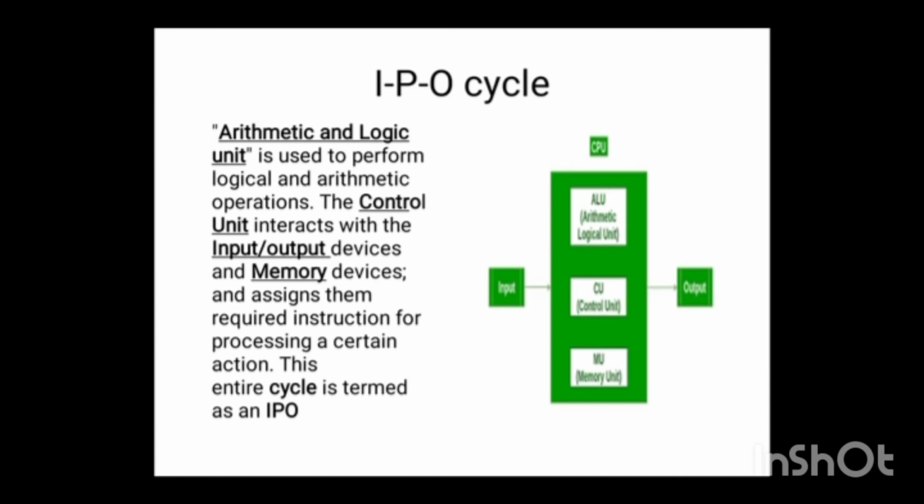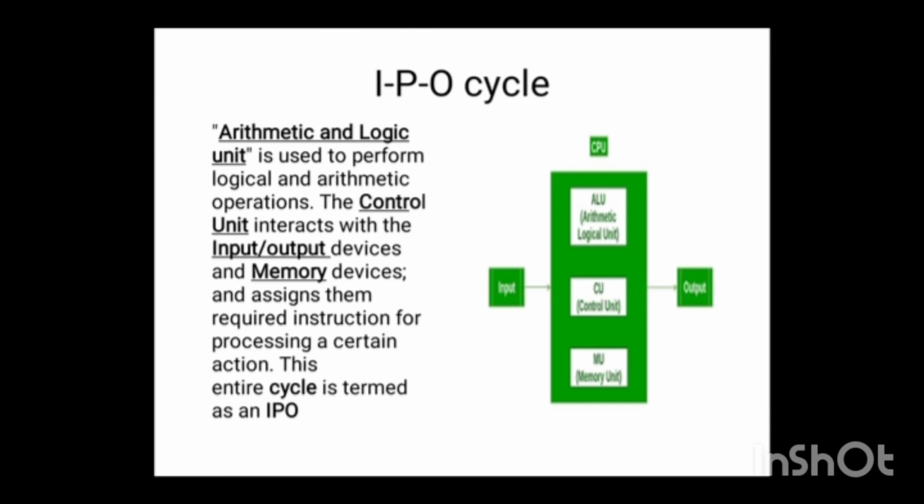IPO cycle means input, process and output cycle. Arithmetic and logic unit is used to perform logical and arithmetical operations. The control unit interacts with the input-output devices and memory devices and assigns them required instructions for processing a certain action. This entire cycle is termed as an IPO cycle.